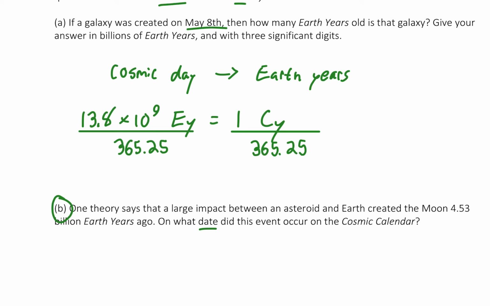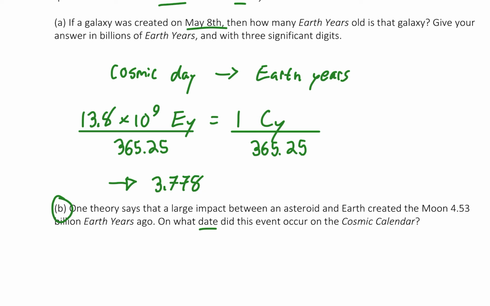All right, so I'm going to go off screen to make this calculation, and I'm just going to type into my calculator in scientific notation 13.8 times 10 to the 9, and then go ahead and divide all that by 365.25. All right, so that's going to give me on the left-hand side, so this is going to be Earth years, and looking at my scientific notation here, I have 3.778.